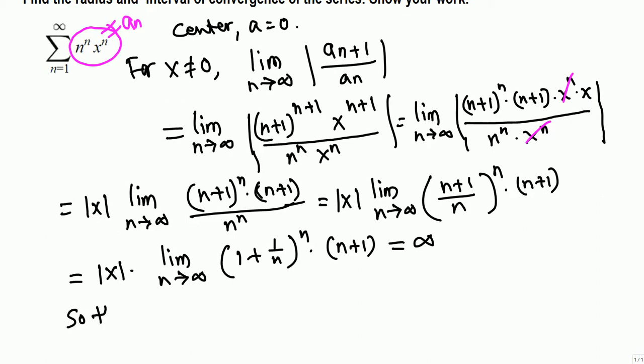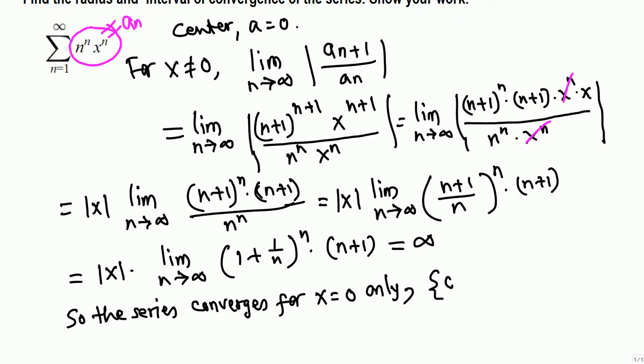So the given power series converges for x equals center, 0, only, and the radius of convergence is 0, and the interval is just 0. Okay, on this number line, just for this 0 it converges.